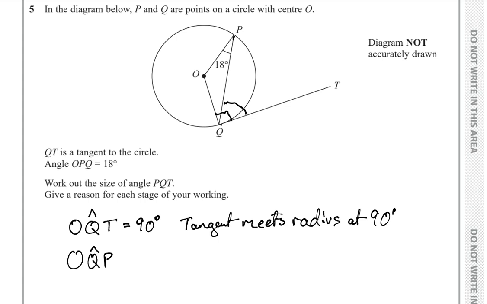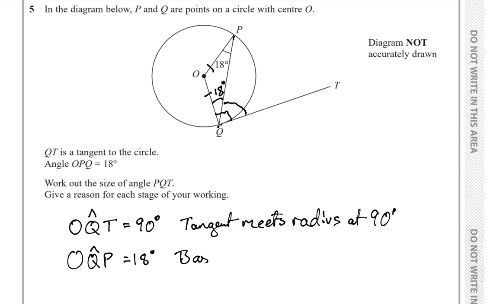so O to Q to P, this angle here, well, this has 2 radii, so that forms an isosceles triangle, so that's 18 degrees. And why is it?